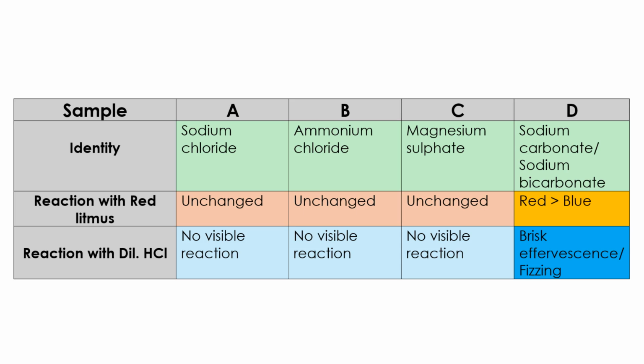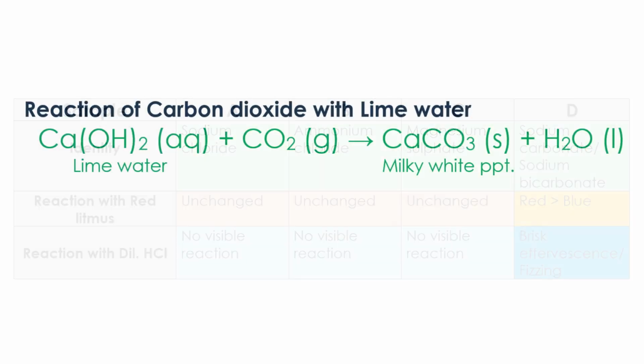The identity of the gas evolved is confirmed to be carbon dioxide gas by passing it through lime water, chemically known as calcium hydroxide solution. Carbon dioxide gas reacts with calcium hydroxide to produce insoluble calcium carbonate, which precipitates out as white insoluble particles. This is what makes the lime water appear milky after passing carbon dioxide gas into it.